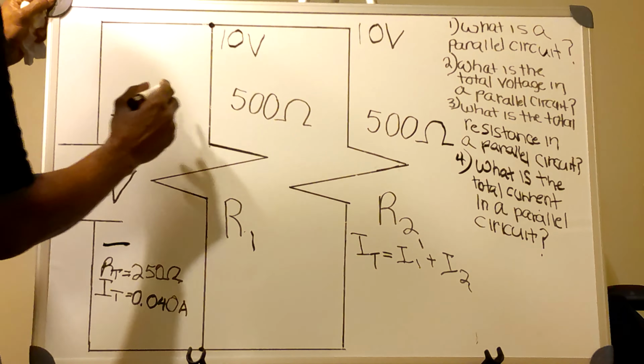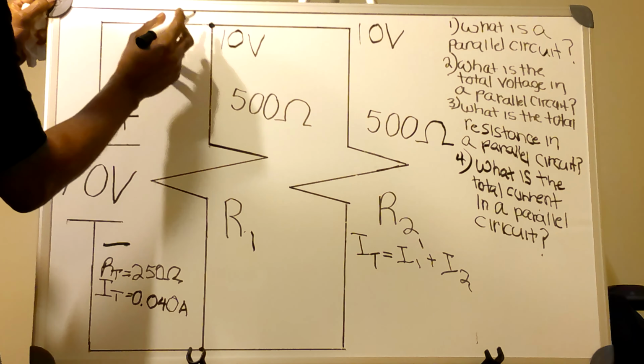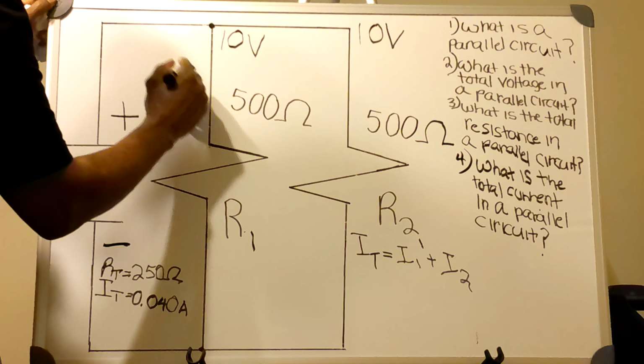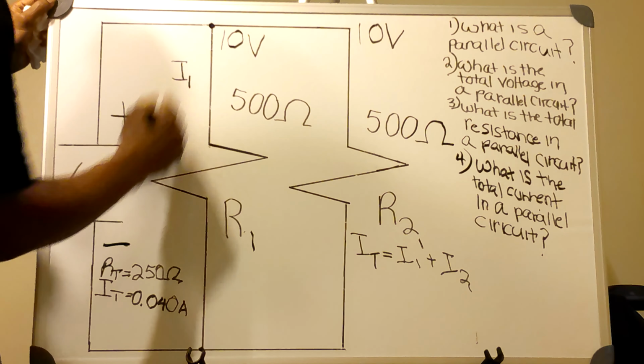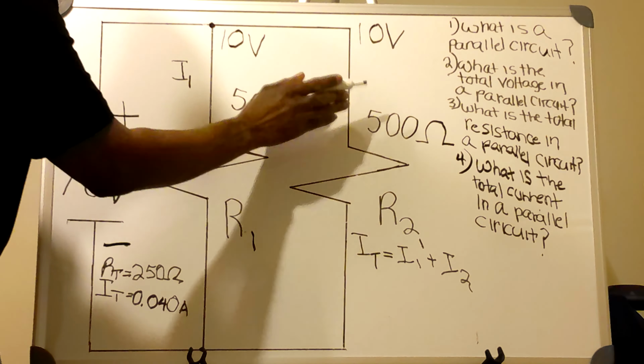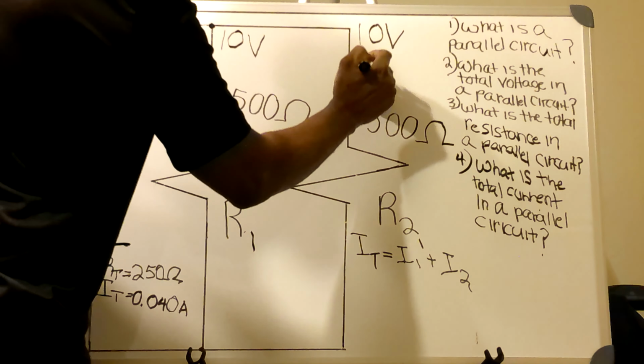We'll call the current going through the 500 ohm resistor I1, and the current going through this 500 ohm resistor I2.